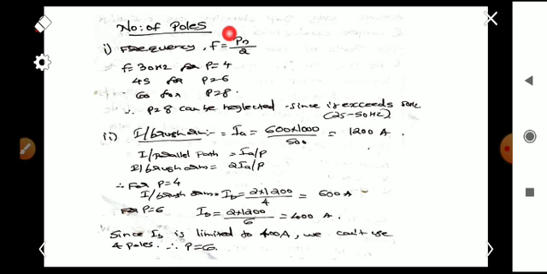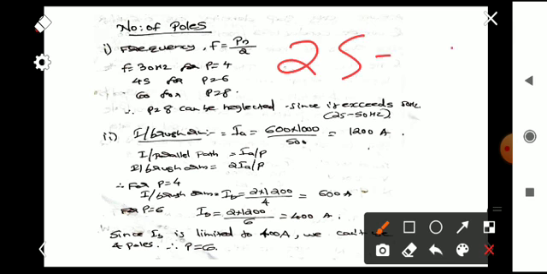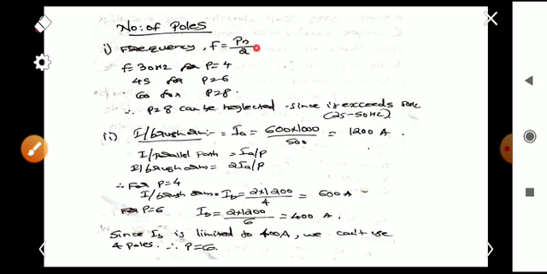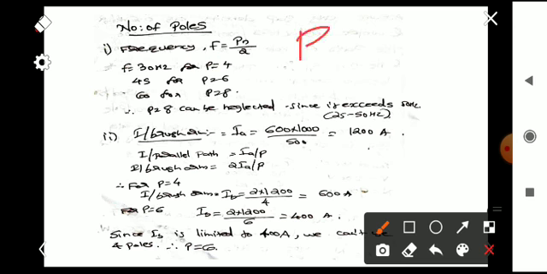Number of poles can be found using some steps. The first step is that the frequency of flux reversal should be between 25 and 50, that we know for a DC machine. Here F is equal to P into N by 2, and we are finding the value of frequency for different values of P. If we select P as 2, we will get F as 15 Hz.